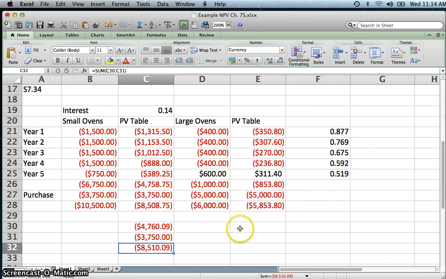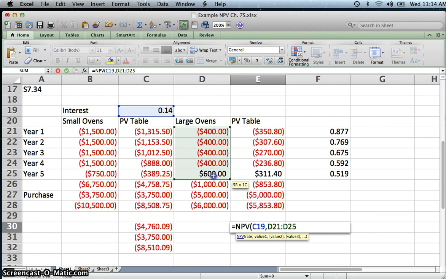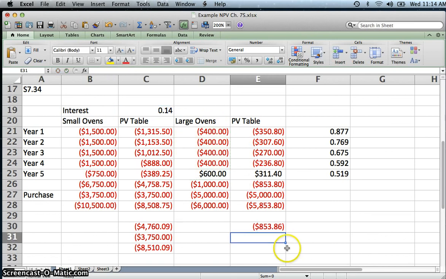Now we can do that same thing over here. Let's do it again, equals NPV. We're using the same discount rate of 0.14, and then we would discount these amounts. Remember the original amounts. And look at that, really close, so 6 cents difference.